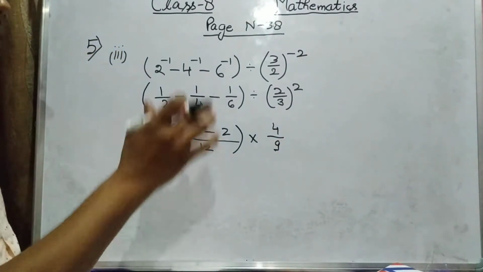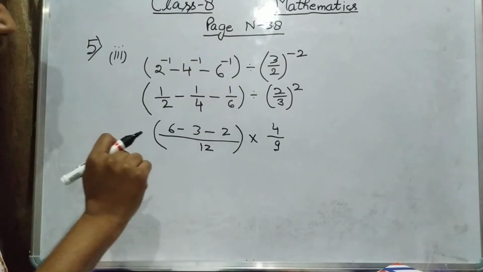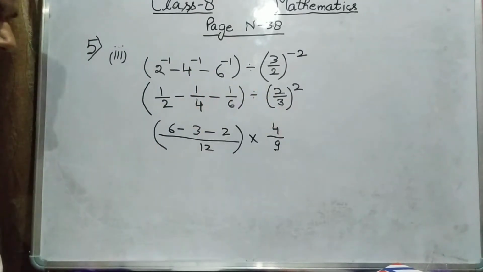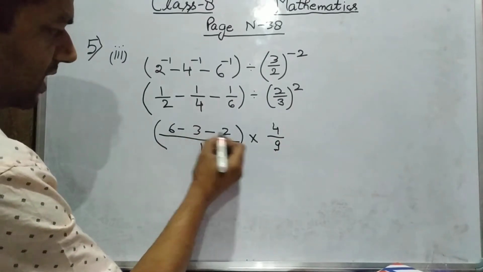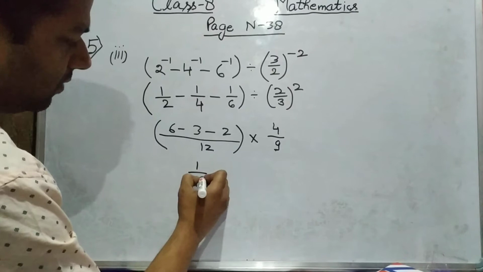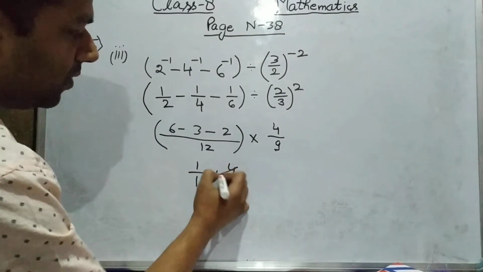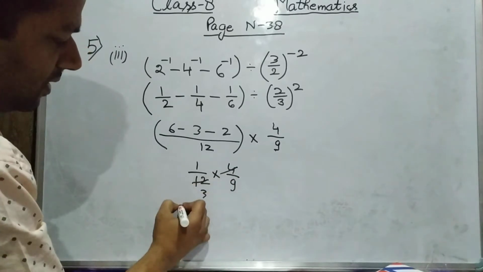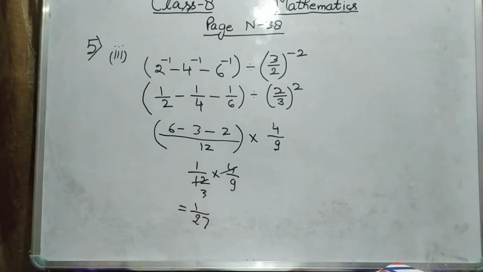First we focus on the powers, then apply the laws of the exponents, and accordingly make the equation simple and start to solve. 6 minus 5, that is 1 upon 12, multiply 4 upon 9. 4 threes are 12, that is 1 upon 27.